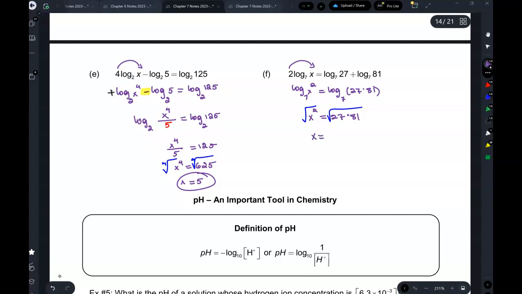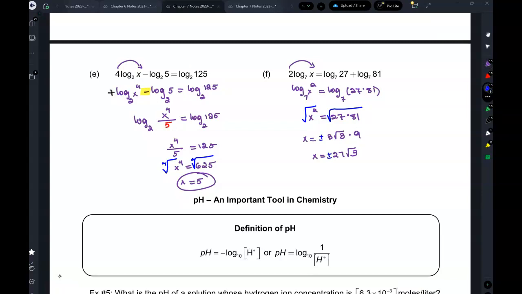So x is what? The square root of 27, which is 3 root 3, times the square root of 81, which is 9. So x is 27 root 3. Except, what have I forgotten here? Yep, plus or minus.